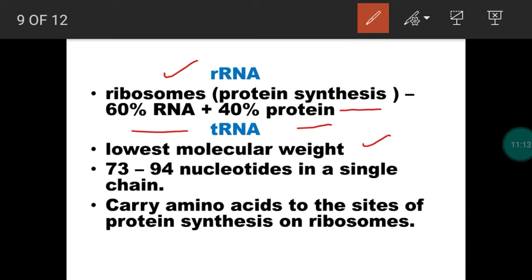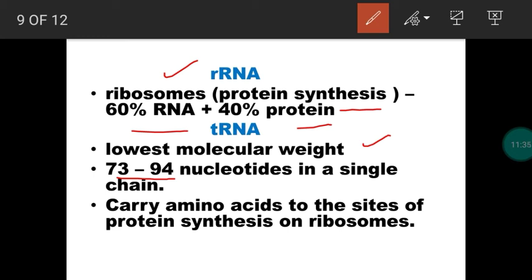Nucleic acids are made up of nucleotides. In tRNA, in a single chain of nucleotides, there will be 73 to 94 nucleotide units. This is a probable question.